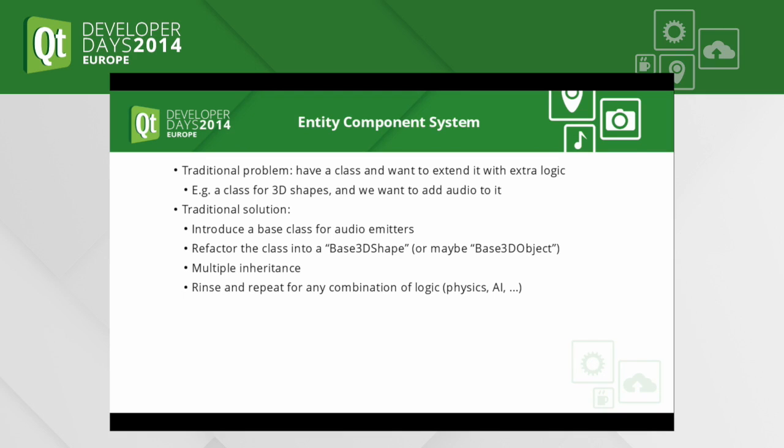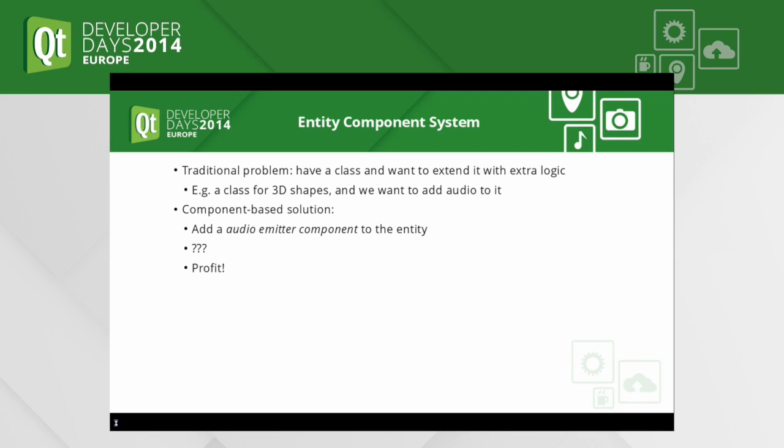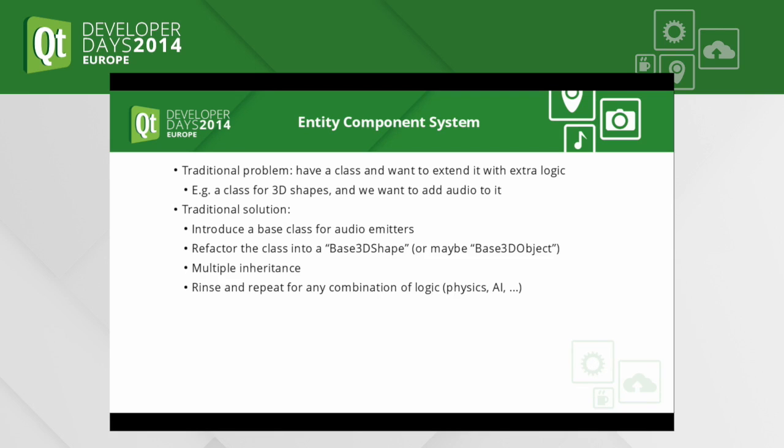You have some kind of base class, and then you have to refactor everything to inherit from the right bases. You get massive multiple inheritance hierarchies. And every time you want to change what components a particular thing has, whether it produces sound, whether it has physics interaction, whether it's clickable because it does picking, whether it has particular materials or doesn't, you need to change your class hierarchy, which is usually very labor intensive. So that's the problem.